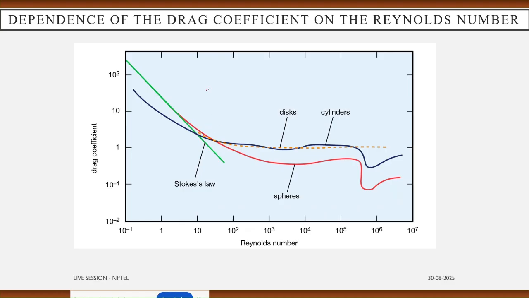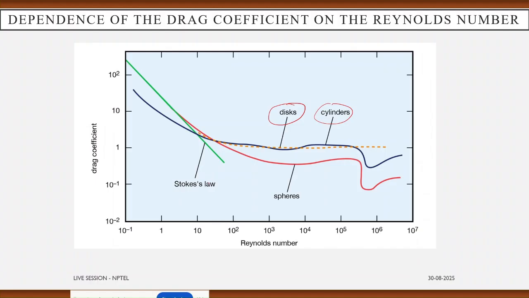This is a well known graph for the drag coefficient and Reynolds number, and we are not talking about spheres only. This graph can be for different kinds of shapes and structures of the particle, that is, cylindrical type or disc type. This is the Stokes law, which follows a straight line part, and for the sphere and cylinders you have different graphs.